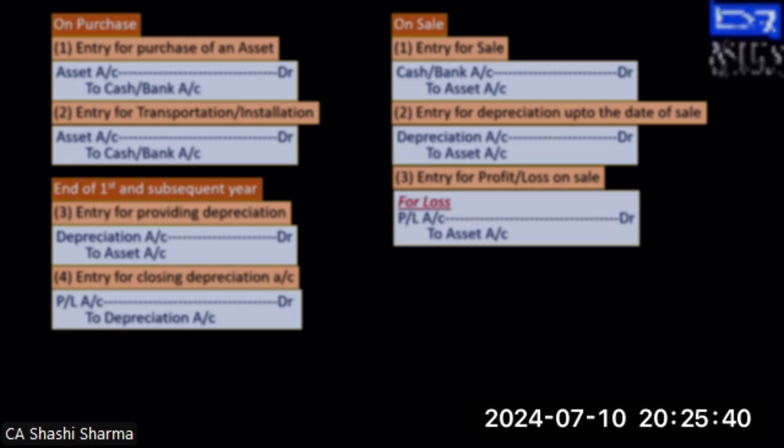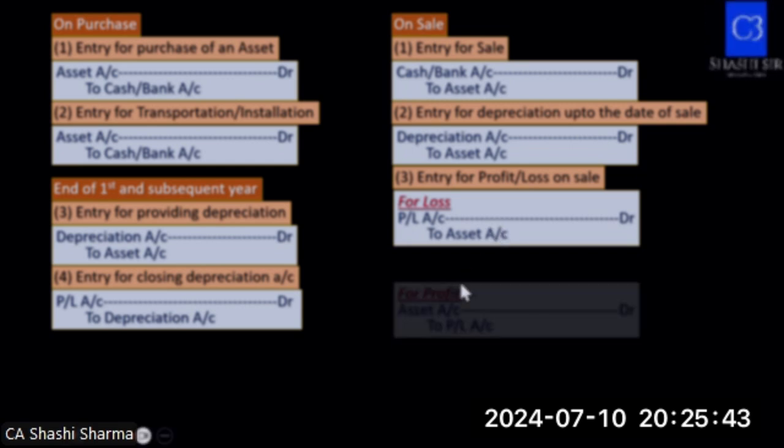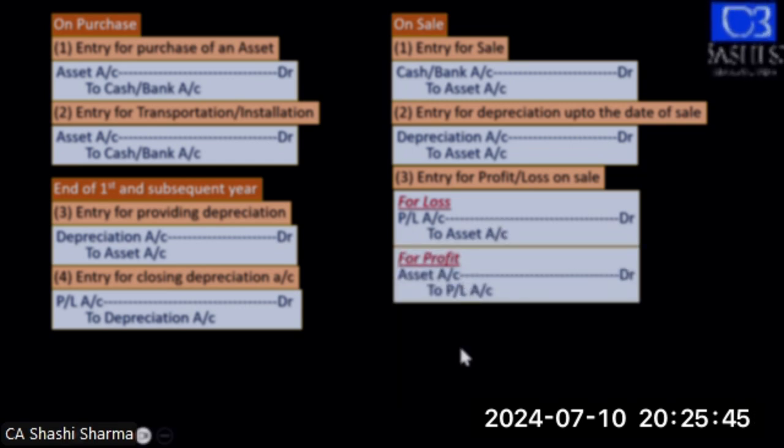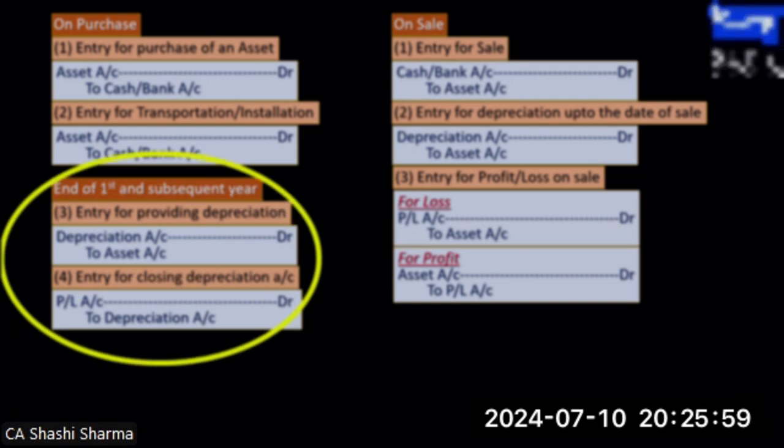In the case of profit, the entry will be reversed. Next, these two entries are actually passed when we are crediting the asset account itself for depreciation.